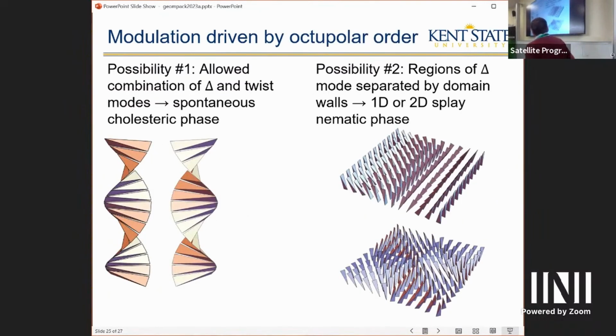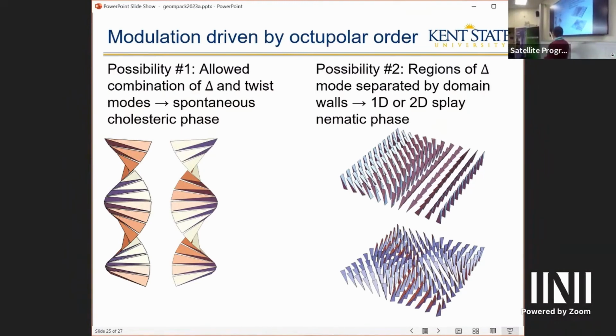And finally, for my hypothetical octupolar order, represented by a tensor of rank 3, that could stabilize various different kinds of combinations.